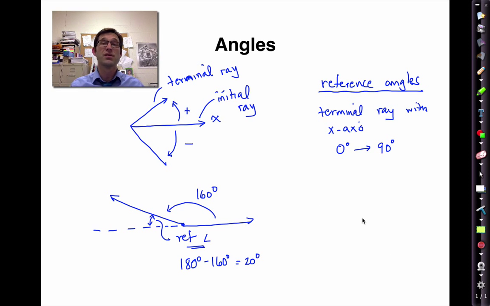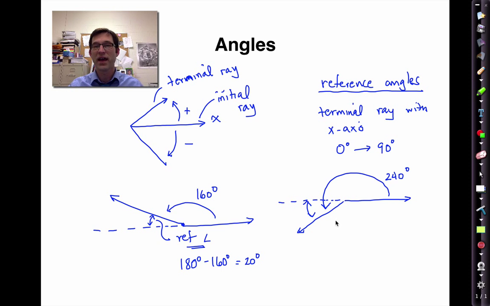We can even have angles that are bigger than 180, and it's important that we're okay with that. For instance, right, if I had my initial ray and maybe an angle that kind of went something like this, so that, let's call that a 240 degree rotation, let's say, right? That's okay. I can still think about a reference angle.